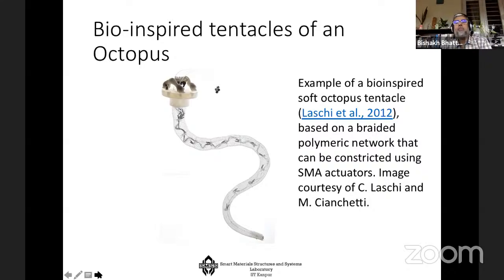Now, from 2012 onwards, people started working on shape memory alloy wires braided inside a polymeric network. You can see the SMA braided inside a polymeric network, which can partly emulate this kind of behavior of an octopus limb.